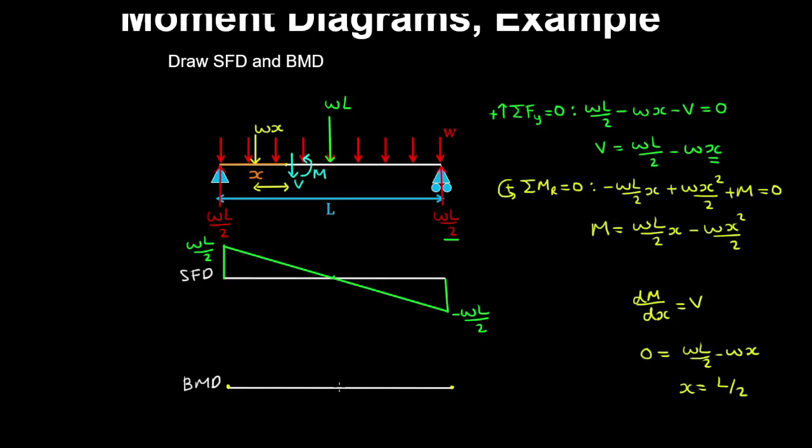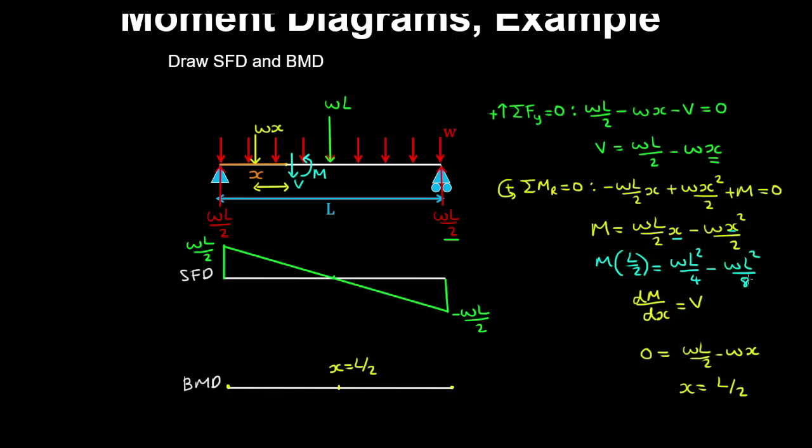And therefore the bending moment is a maximum. If we substitute x equals L/2 into the bending moment, we obtain M of L/2 is equal to WL/2 by L/2, which is WL squared on 4, minus WL squared on 8.